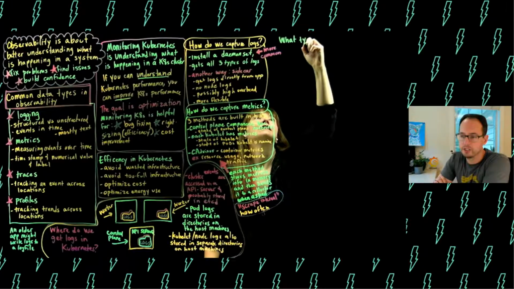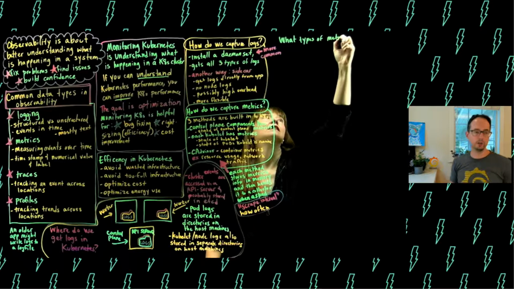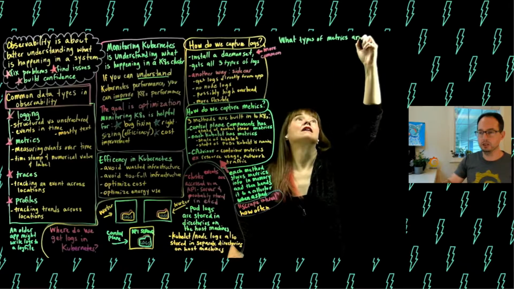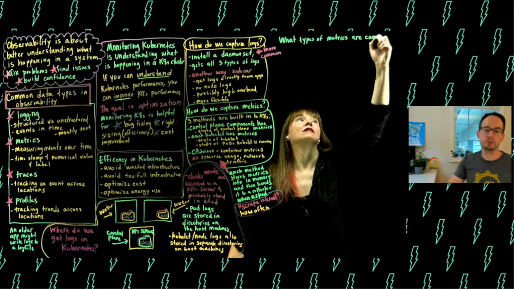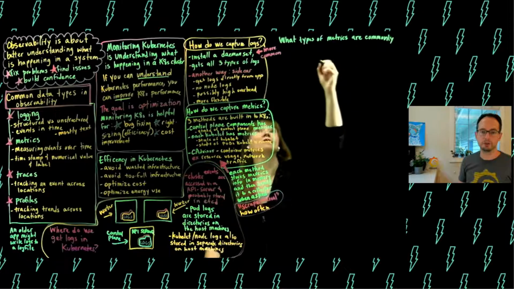When you deploy Node Exporter onto a Kubernetes cluster, its job is to measure the health of the actual nodes, so the physical computers running the nodes of your Kubernetes cluster.